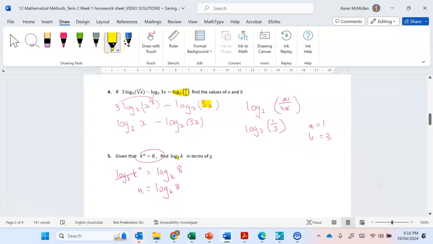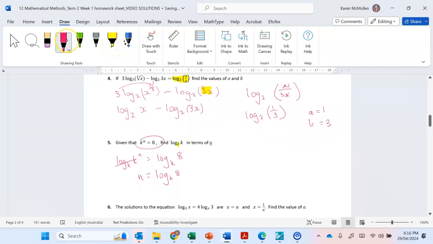So this is where you can use your change of base. We want to change the base to 2. So I've got log base k of 8. Now when I'm changing the base, it's going to be a fraction. So I can straight away do log base 2 on the top and log base 2 on the bottom. Your larger number goes on the top and your base goes on the bottom.